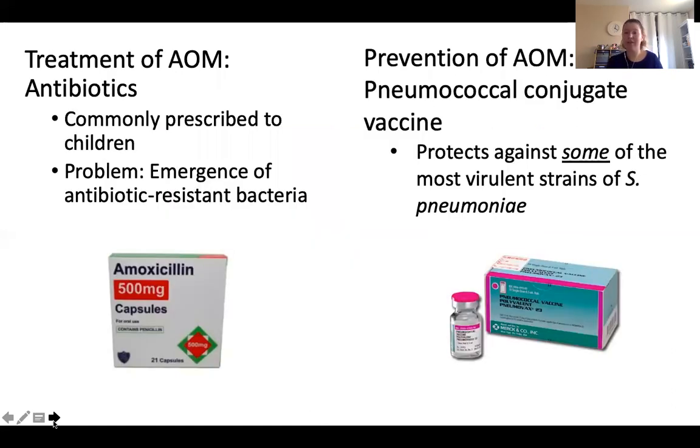So current treatment of acute otitis media, as said before, is antibiotics. They are really commonly prescribed to children, typically amoxicillin, as it's much gentler on their immune systems and their bodies. The problem is the emergence of antibiotic-resistant bacteria, and this is because we have been overprescribing antibiotics.